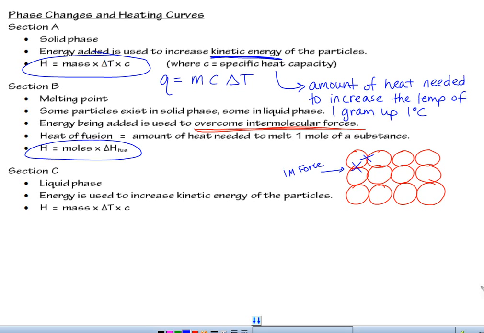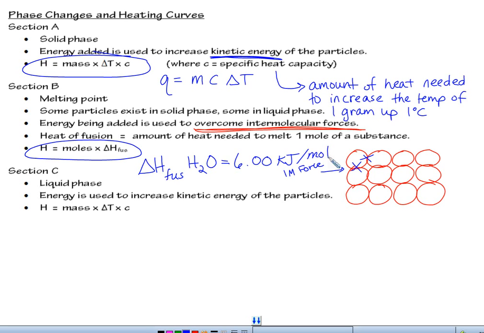If this were water, delta H fus for water, heat of fusion, is 6.00 kilojoules per mole. And that's, again, a constant value. They would give that to you. It takes 6 kilojoules to melt 1 mole of ice.